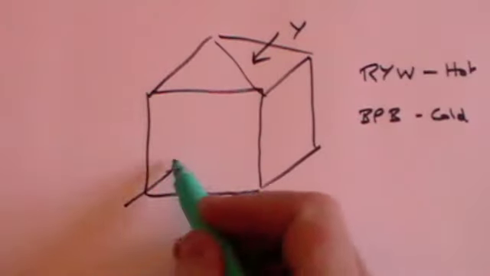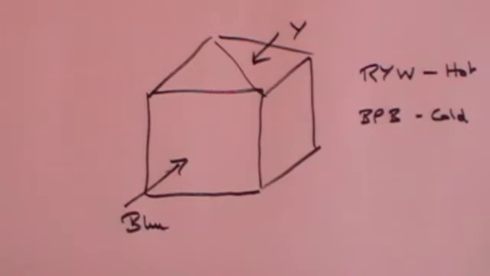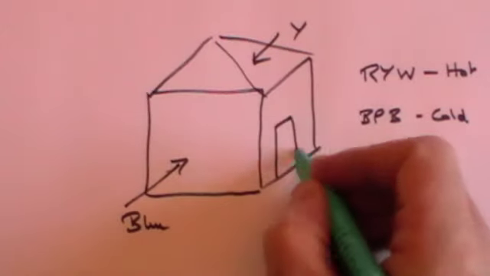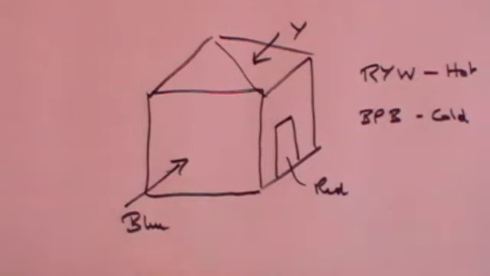On the other hand, if the walls are blue, well, that probably means not much heat is getting out of the wall, and therefore your walls are actually reasonably good at keeping heat in. On the other hand, if the door is red, that means there's a fair amount of heat coming out of the door and you need to think about draught proofing the door.